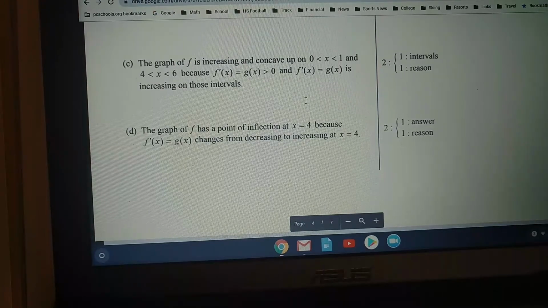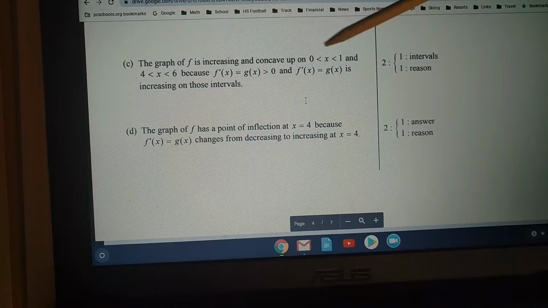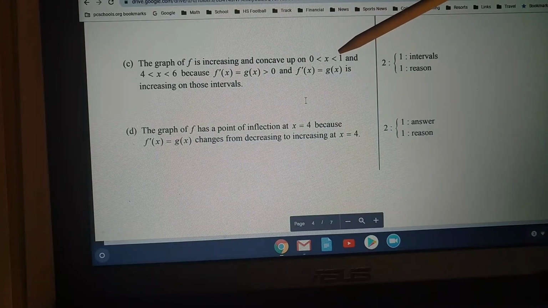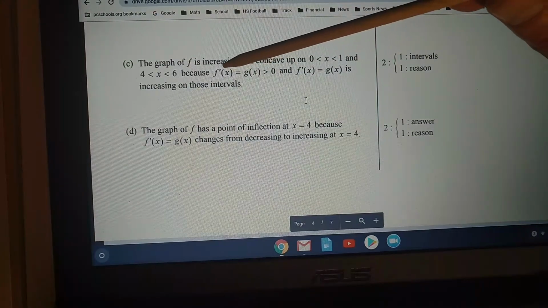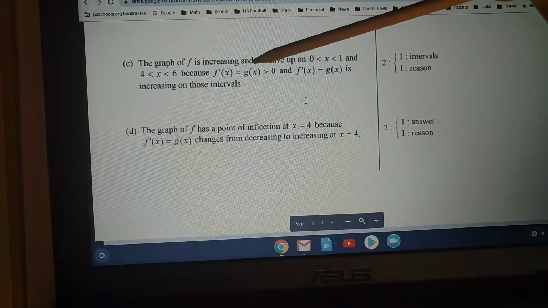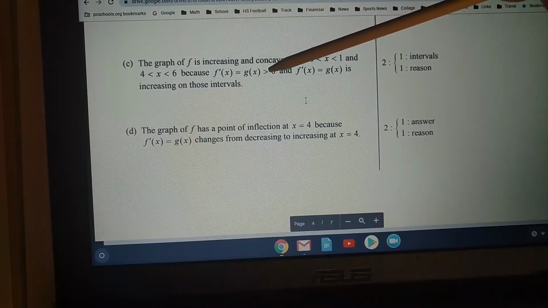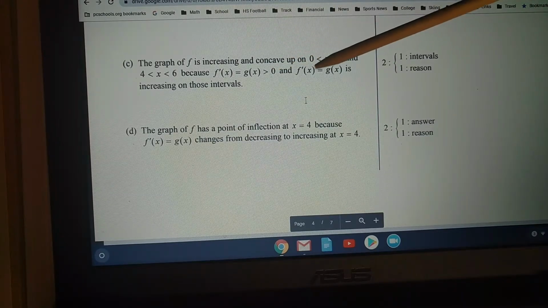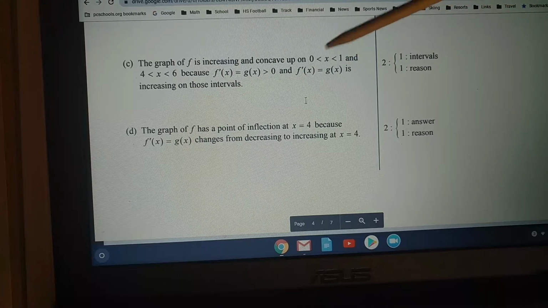And that is because it's increasing and concave up on those intervals, because then you have to establish here there's a relationship that f prime is equal to g of x, so that function is positive. Those are the intervals where it is positive and where it is increasing.